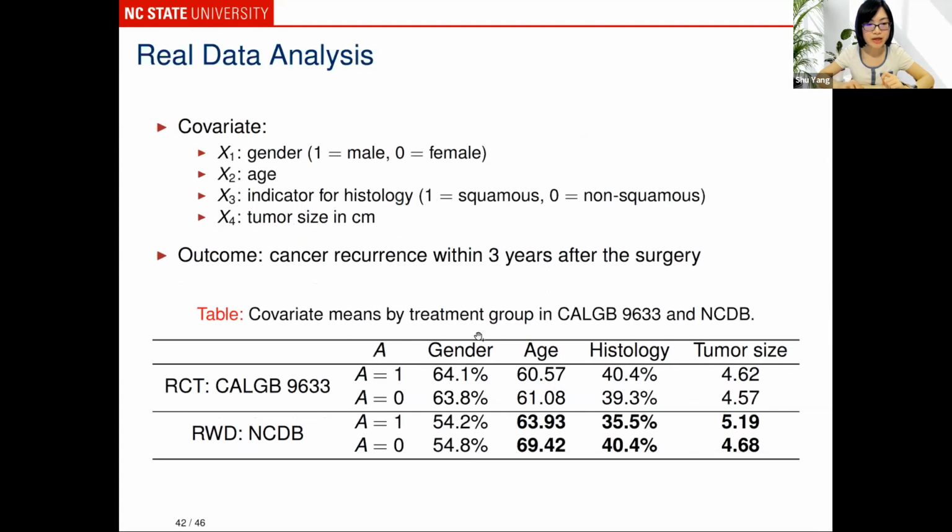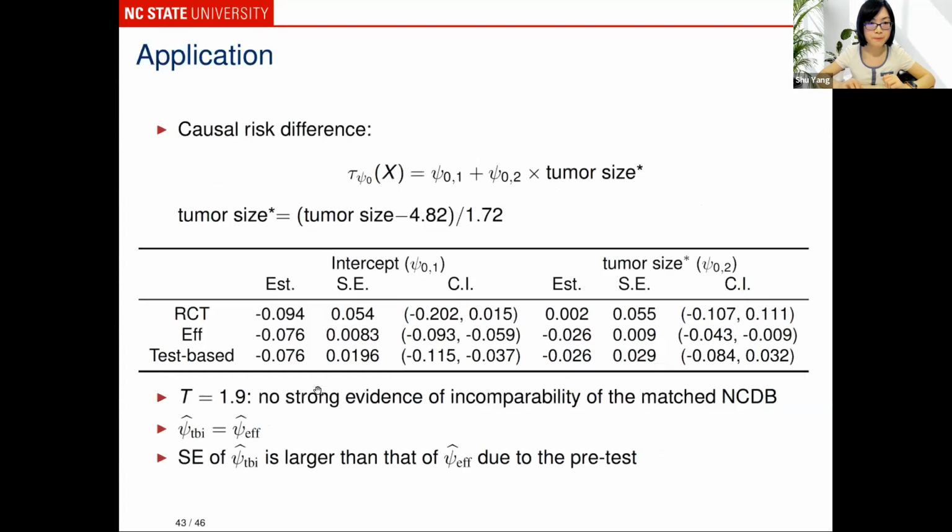This table contrasts the covariate means by treatment group in RCT and RWD. You can see the covariate means are balanced in RCT, while they are imbalanced in RWD, right? And we never rule out the possibility of unmeasured confounding in RWD. So pre-testing is helpful.